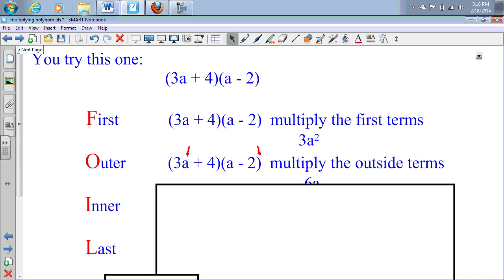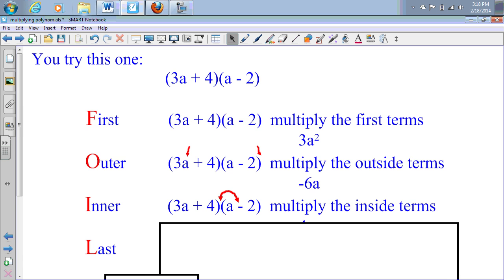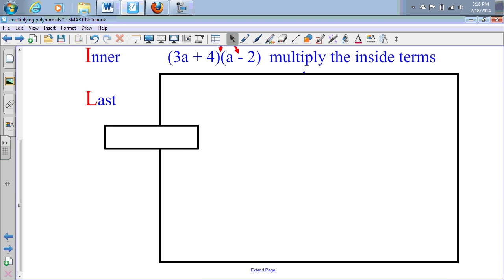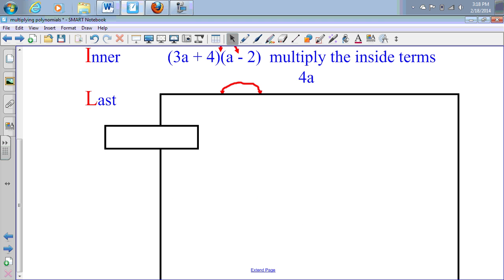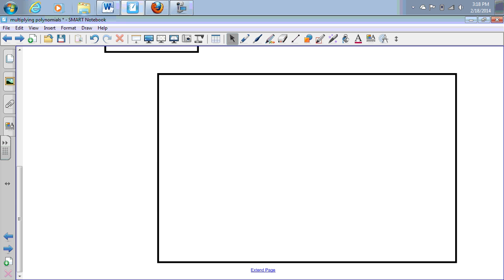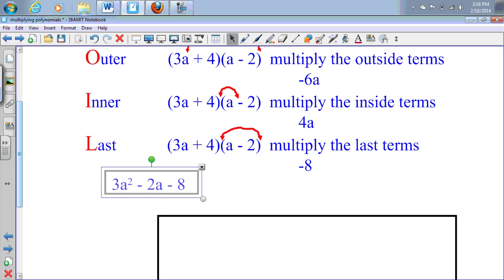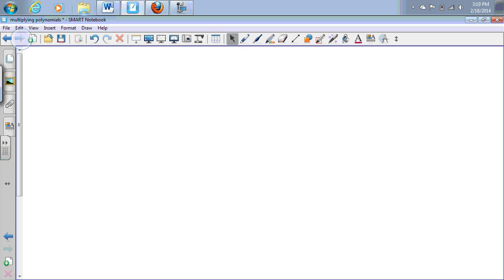We get negative 6a. Multiply the inside terms. We get 4a. Multiply the last terms, you get negative 8. Giving us a result of 3a squared minus 2a minus 8. That concludes the FOIL method.